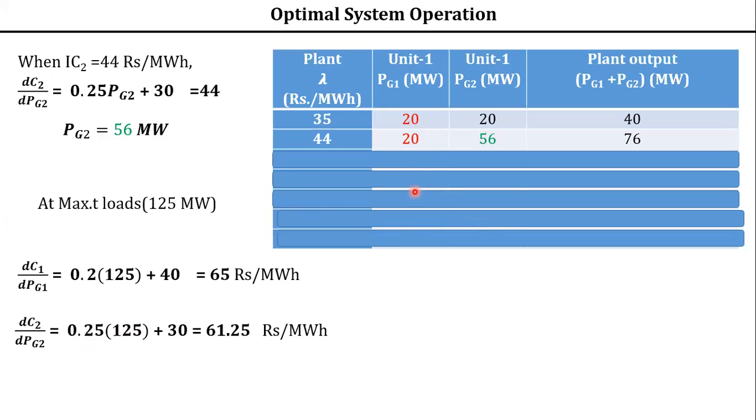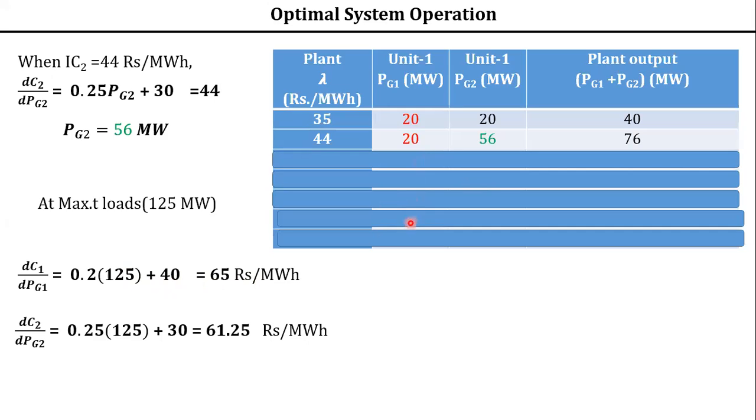So what is the loading on unit 1 at 61.25? In the same procedure you follow, like how we calculated 56 here, the same way you calculate it at 61.25. This equation, this is your PG1, equate it to 61.25 and find out PG1. That will be your loading.